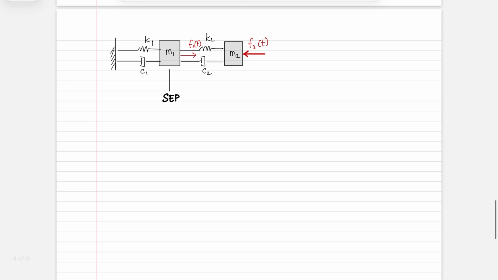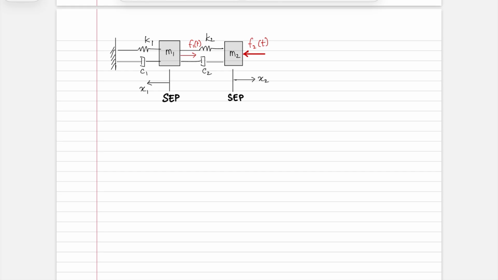So that is the SEP. And I'm going to say that in this case, we have the SEP for both the masses. In one case, the measurement is to the right, defined by x2, and in one case, it is to the left, defined by x1.